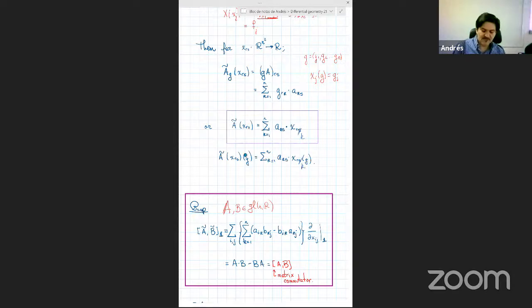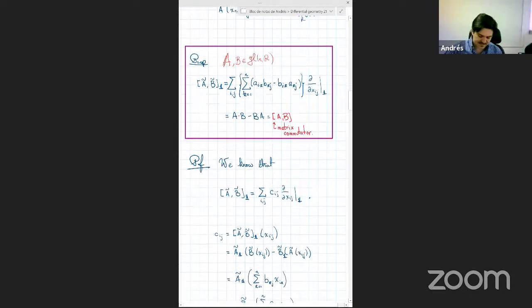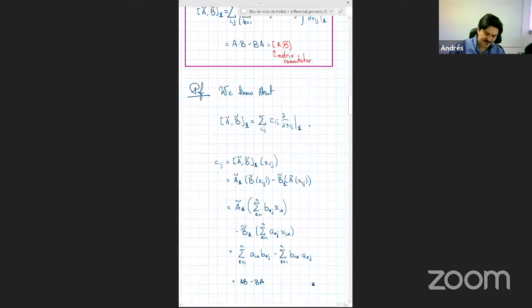So I will get only ARS when I plug in here the identity. If here I put the identity, I will only get ARS once that I evaluate this function. And that's precisely what I get here, AIK.